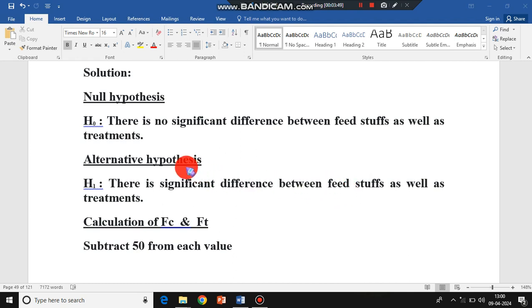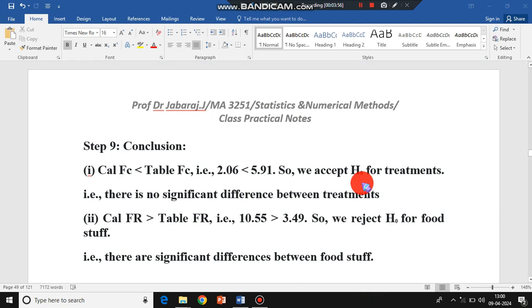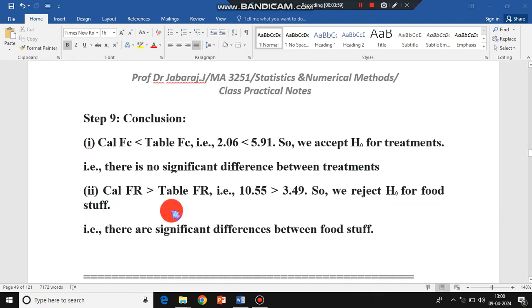So our final conclusion is that since the calculated value of F is greater than the table value of F for rows, H naught is rejected because homogeneity is not there among foodstuffs.